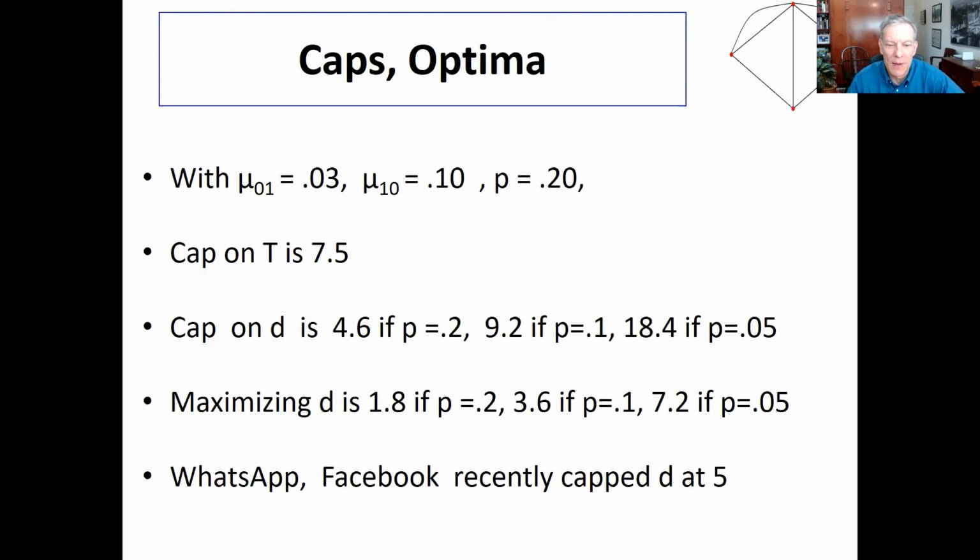If in that example you change that P to 0.1, then you double this to 3.6. If you took it to 0.05, you'd put it up by a factor of 4 to 7.2. In this case, the maximizing D is about a third of what the cap would be. And again, you can go through different numbers and calculate this.